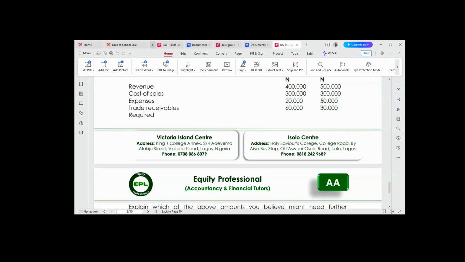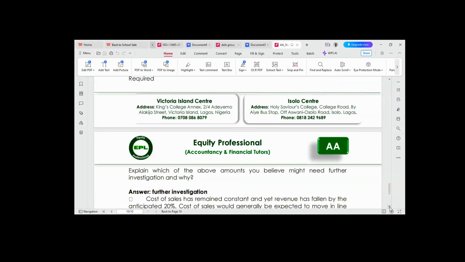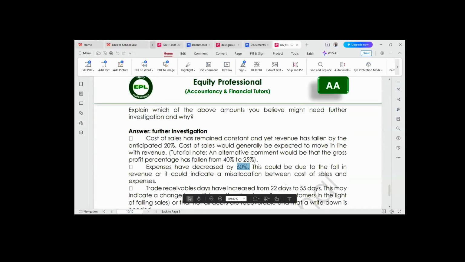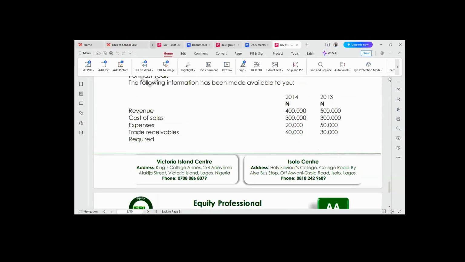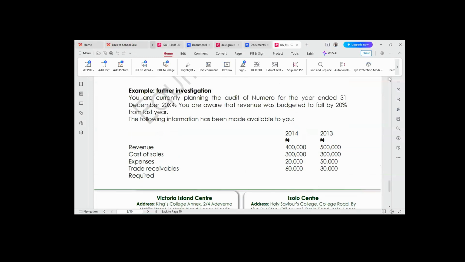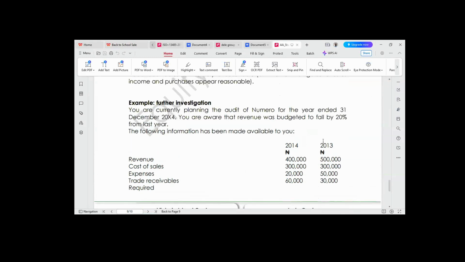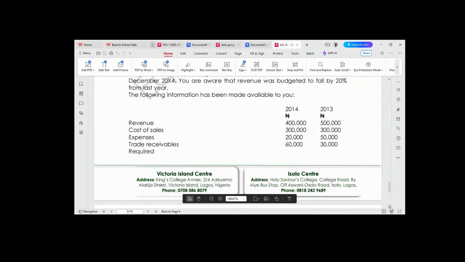You have 21.9. That is 22 days. I just want to show you how the calculation is going. Look at it here: 22 days. Your trade receivables over your revenue times 365 days. So for 2014, it will be 60 divided by 400, times 365. That will give you 54.75. And that's how you have your 55 here. They rounded it up.